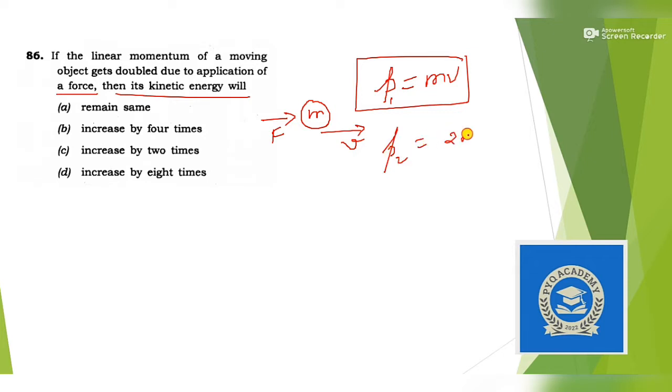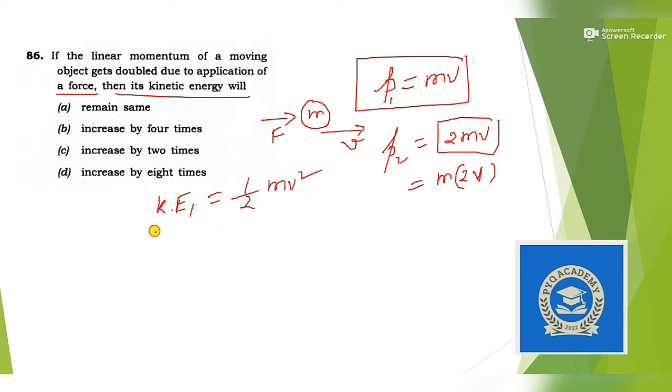We know that mass never changes, mass remains constant, so that means in this case the velocity is doubled. Now the kinetic energy in the first case will be half mv square, and the kinetic energy in the second case will be half m (2v) square, which will be 4 times half m v square.